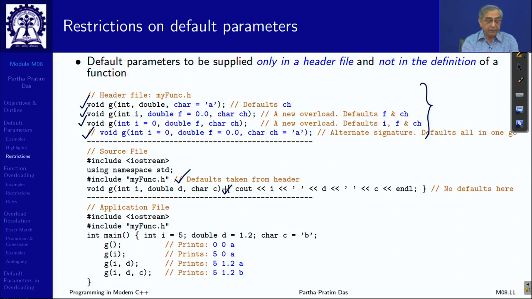And in this definition, I am not providing the default values. Having it in the header helps, because any file which includes the header for calling the function will get to know what the default values are, because if we were given it here, then this source file may not be available to a user who is wanting to use the function, right, because this is a different file.